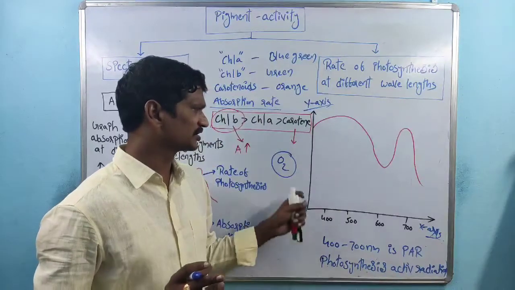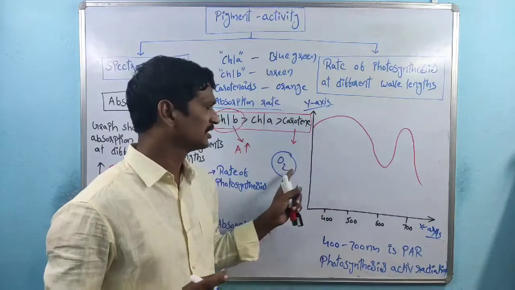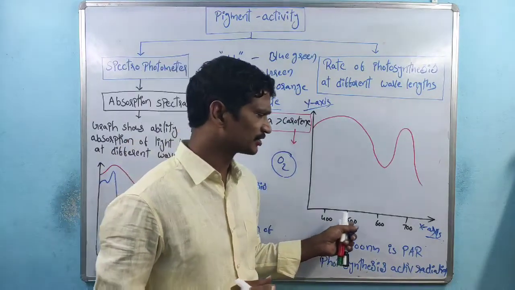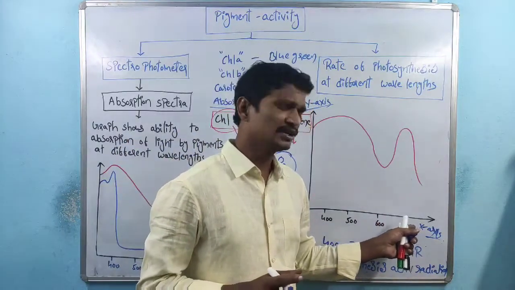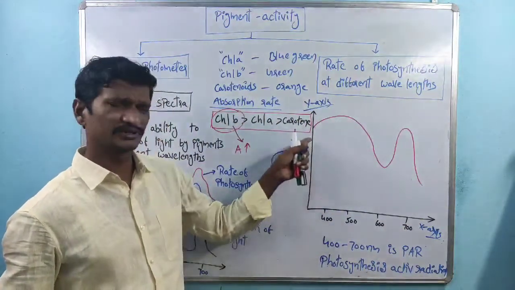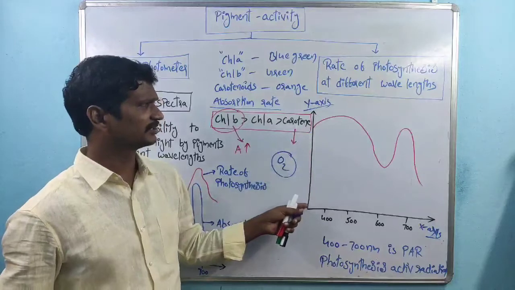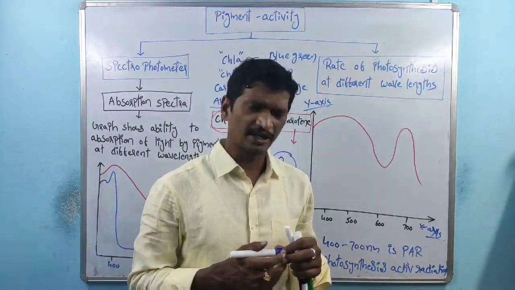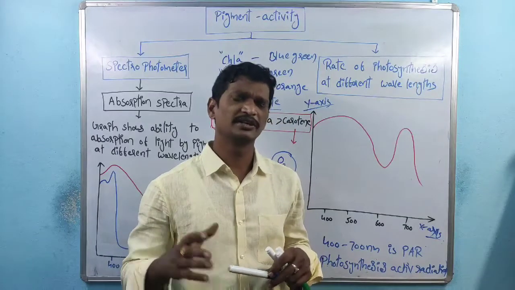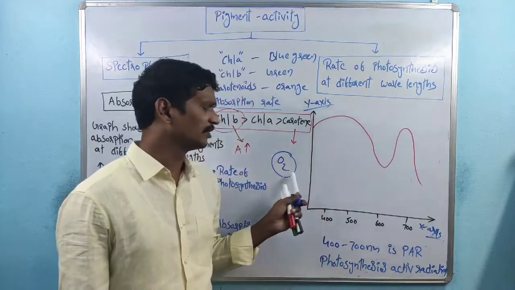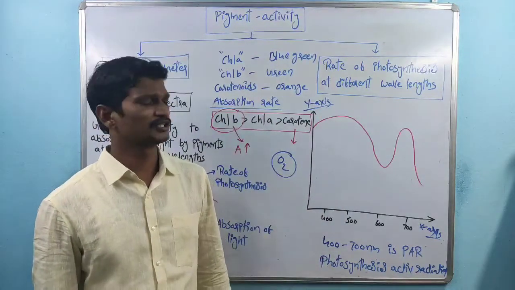So the simple explanation is, this graph is completely related to the oxygen evolution process. This one is related to the different wavelengths, and this is the oxygen evolving indicator on the y-axis. So where the maximum light is absorbed, there a high rate of photosynthesis takes place and a high amount of oxygen is evolved.